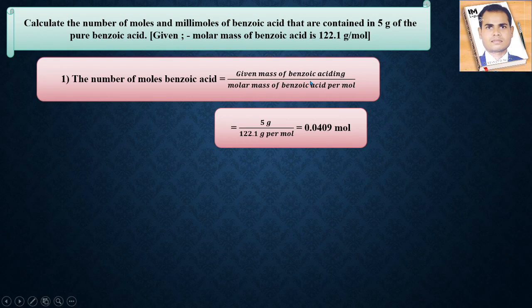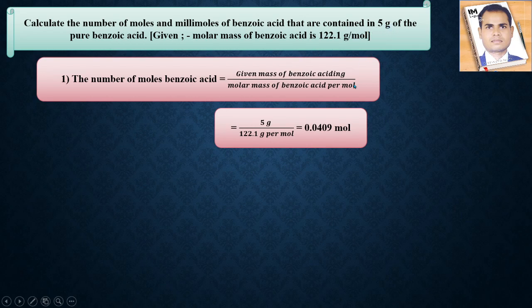So we take this formula and simply put in these values. So 5 gram divided by 122.1 gram per mole, you will get 0.0409 mole.